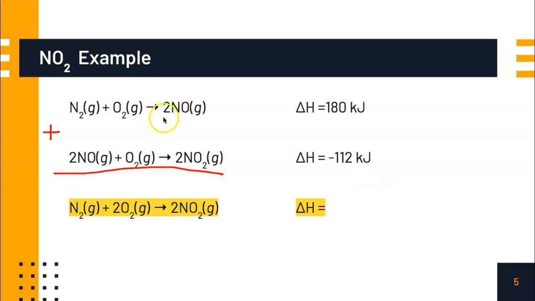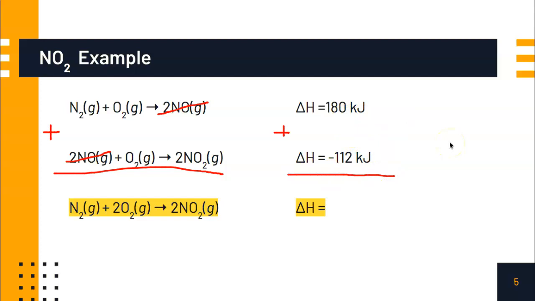When I add these up, to remind myself of what I'm canceling out, I'm going to draw an X through these, draw a line through these two, so that I have my single diatomic nitrogen, my 2 diatomic oxygens, and my 2 nitrogen dioxides. That means that I can also add up my enthalpy changes.